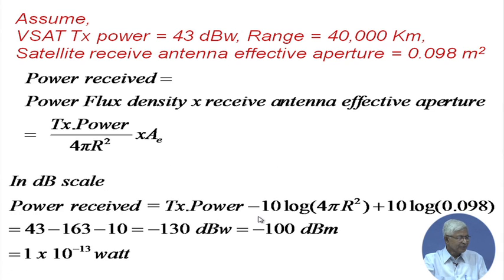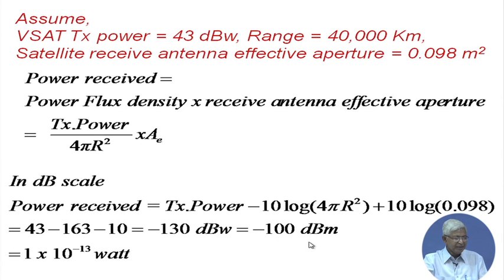And if we put the numbers there in dB scale, the transmit power in dB minus 10 log 4 pi r square, where r is the range, 40,000 kilometer, plus 10 log 0.098, it comes out to be minus 130 dBW, because 43 dBW was the transmit power.